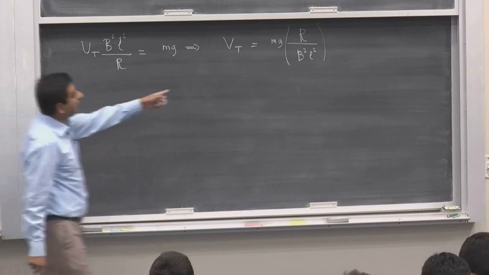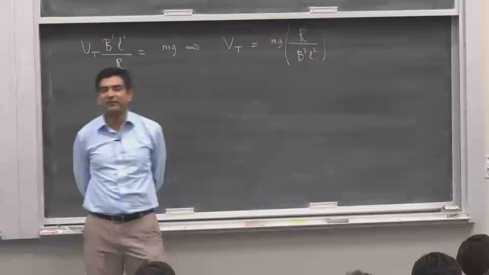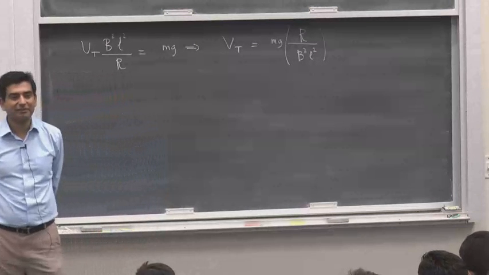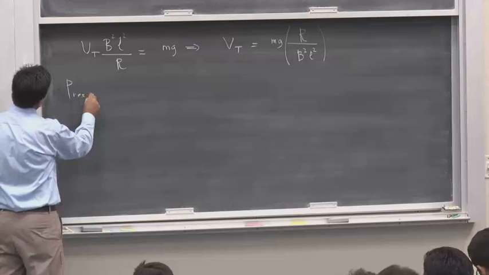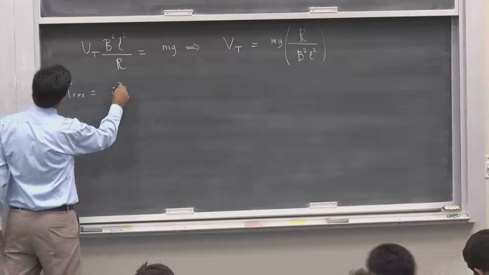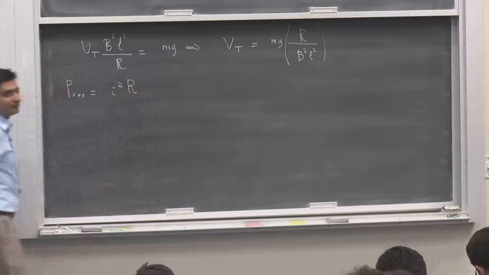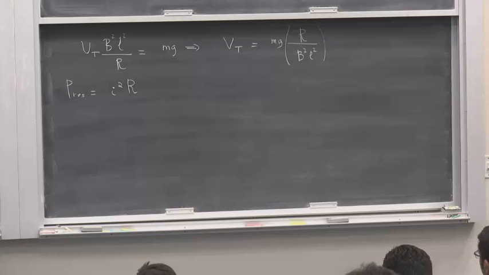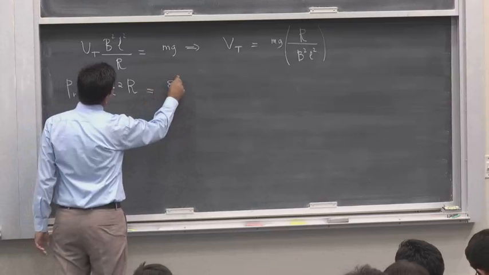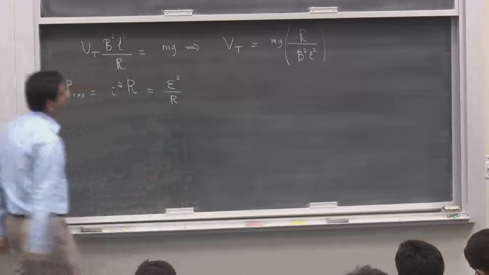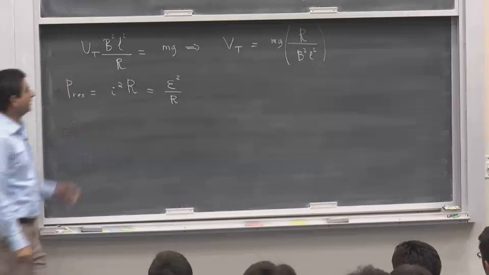So this is the eventual terminal speed that is achieved by this falling rod. Now if you look at the power delivered to the resistor, the power delivered to the resistor is I squared R, correct? Or EMF squared over R. It's the same thing.